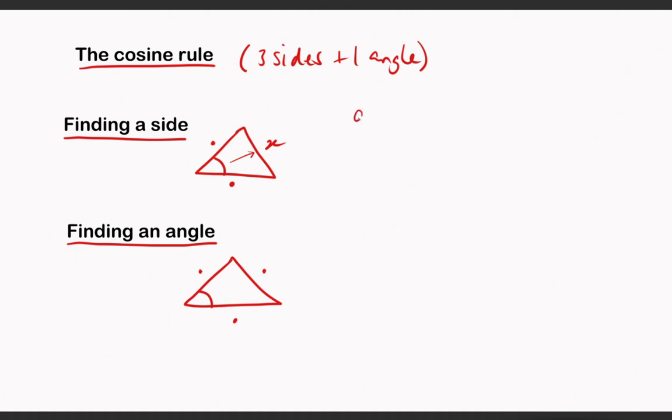Now the formulas, which hopefully you remember from last year. That's the formula you use if you are finding the length of a missing side. And if you rearrange that, we'll get the formula we need to use when we're finding an angle.